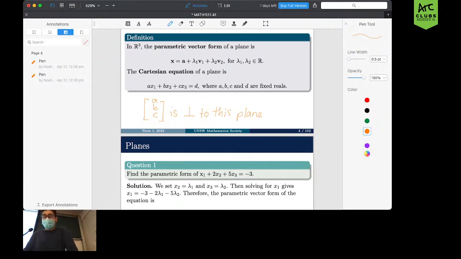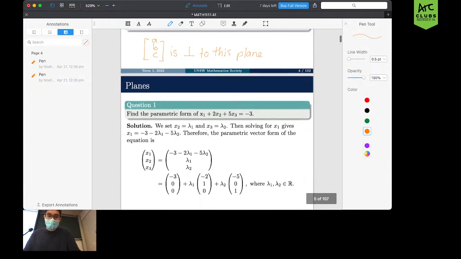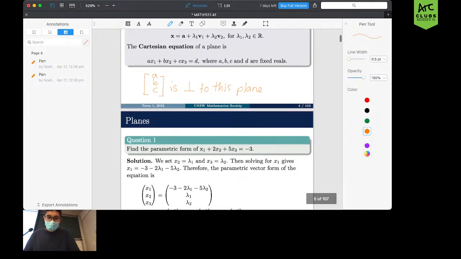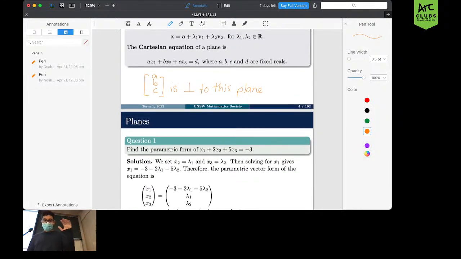Therefore, our parametric vector form of the equation is given by vector (x1, x2, x3) equals, and let's first deal with the x1 component. We said just above that it's equal to -3 minus 2 lambda 1 minus 5 lambda 2. Our x2 component, we let it be lambda 1, and our x3 component, we let it be lambda 2. We can break this single vector into three smaller vectors.